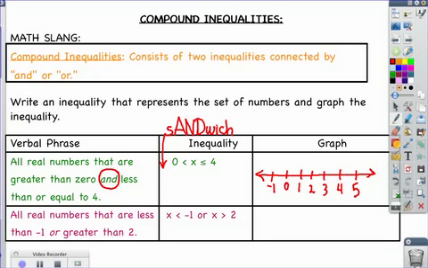But x is less than or equal to 4. So the 4 is included, and therefore we use a solid circle. X is any number that is both greater than 0 and less than or equal to 4, which would be the numbers in between these two circles. So now I can shade that area.